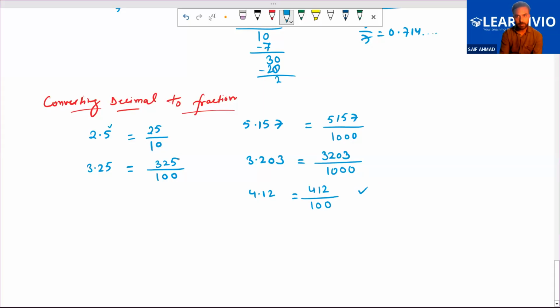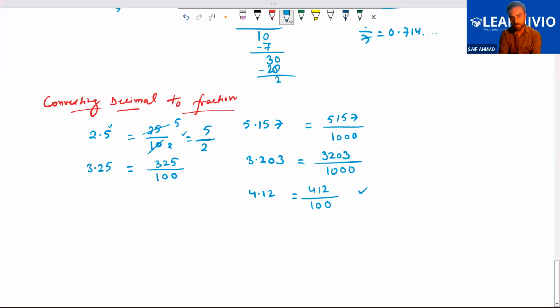But in some cases, for example, you have this answer 25 by 10. You have to give the answer in the simpler form. How? You have to divide by the same number in both the numerator and the denominator. It can be divided by 5. 5 fives are 25, 5 twos are 10.